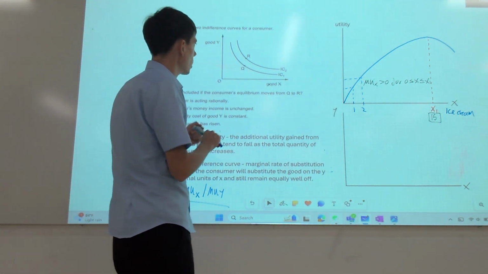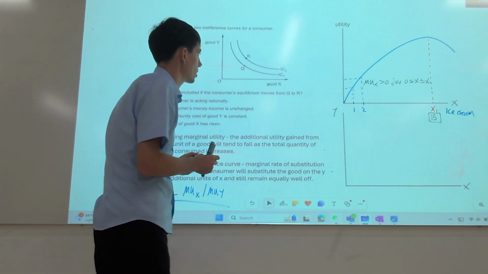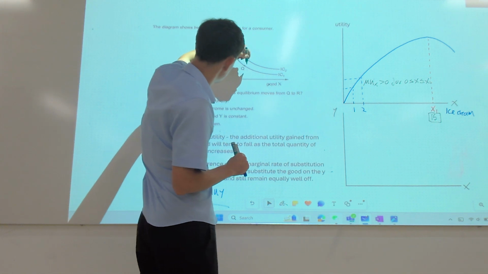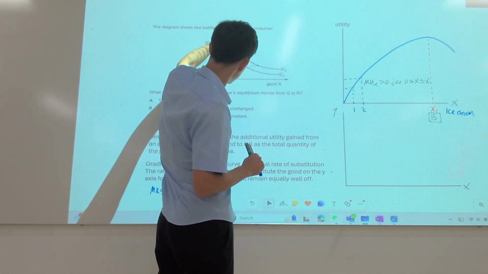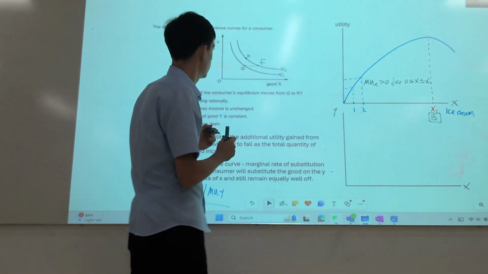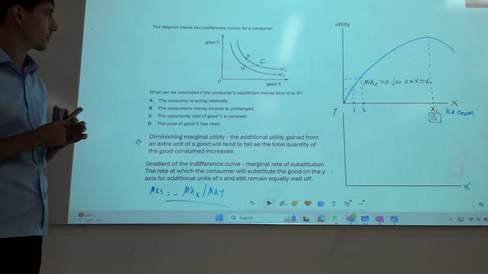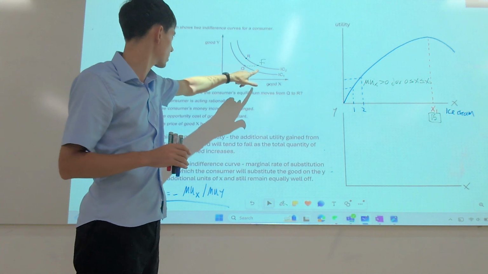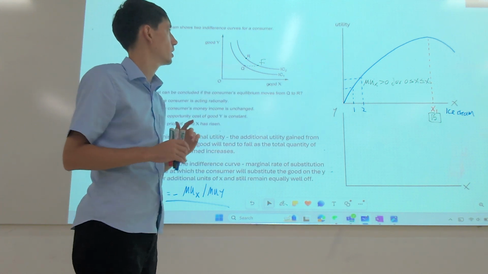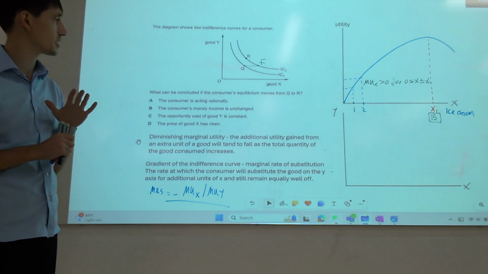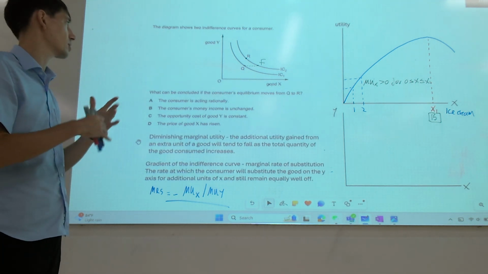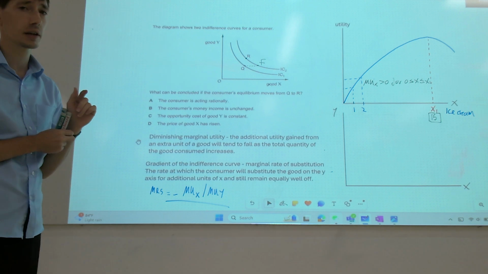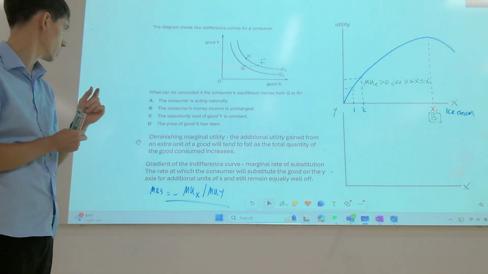Well, R is on a higher indifference curve than Q. What does that mean? Let's say we have this point here, F. We know that F must be preferred to Q because F has more of good X and the same amount of good Y. But F is on the same indifference curve as R. So therefore, R must be preferred to Q. R gives you more utility than Q.